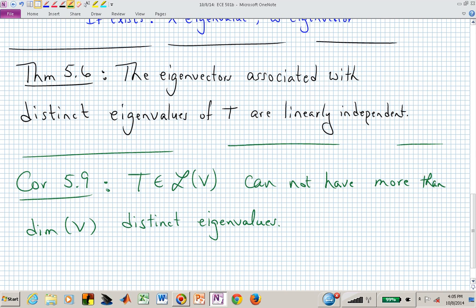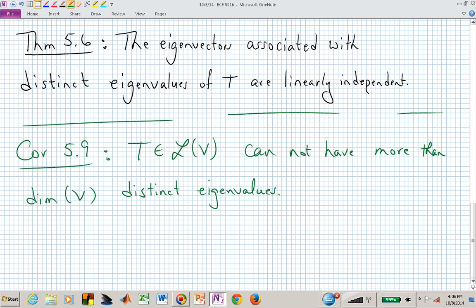One way to think about that is the idea of a basis. When you have a basis, what two properties exist for a basis? Do you remember? The basis vectors have to span the entire space, and those vectors have to be linearly independent.